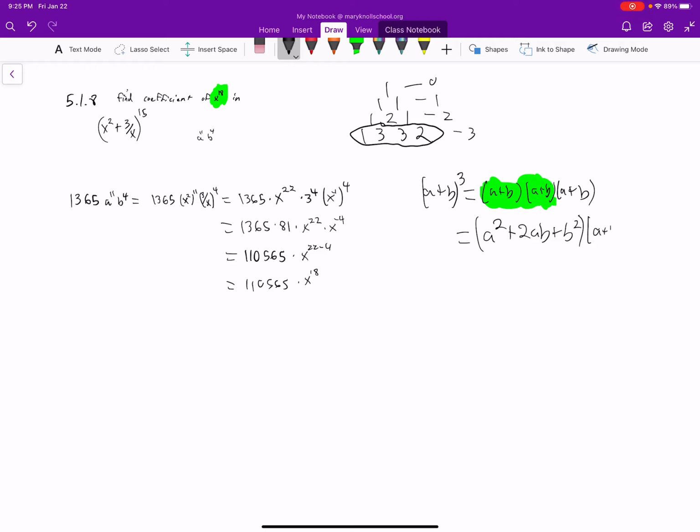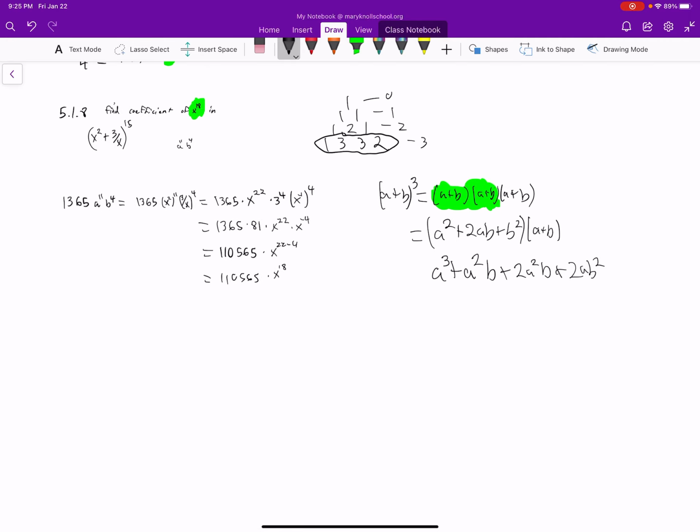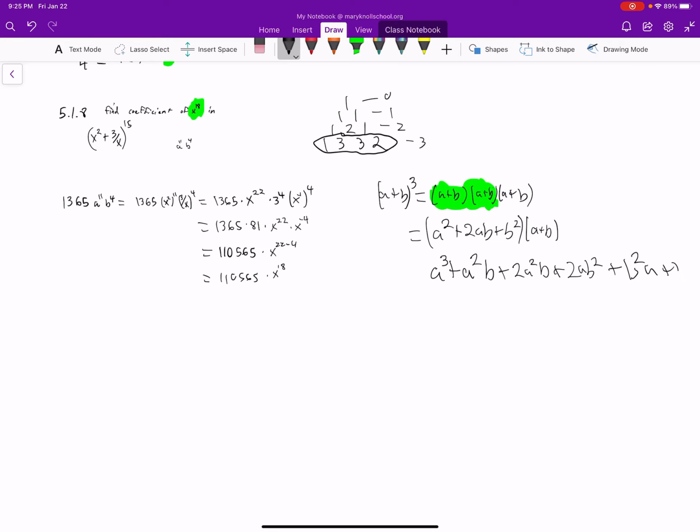Now we multiply it by this a plus b, and we get a cubed plus a squared b plus 2a squared b plus 2ab squared plus b squared a plus b cubed.